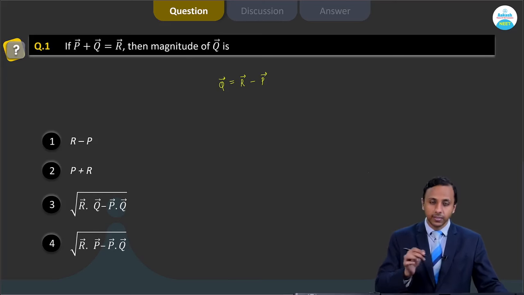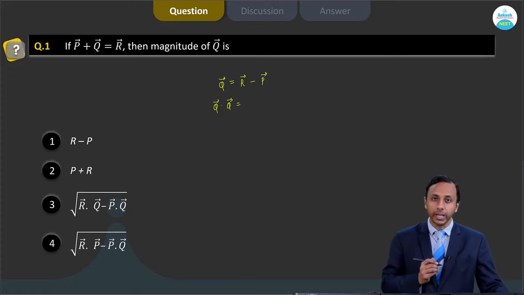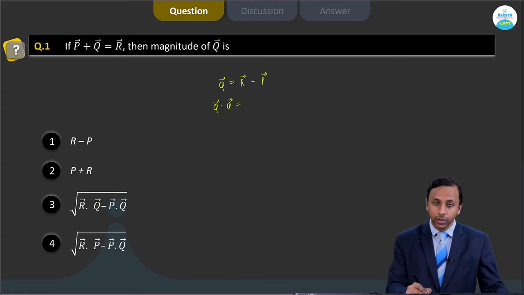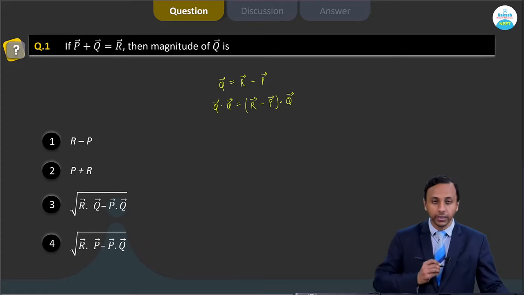Now let's multiply both sides by taking the dot product with Q vector. So this will become Q vector dot Q vector on the LHS, and on the RHS you multiply it with Q vector, like this, by taking the dot product.